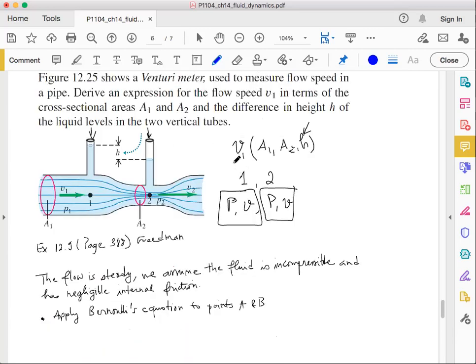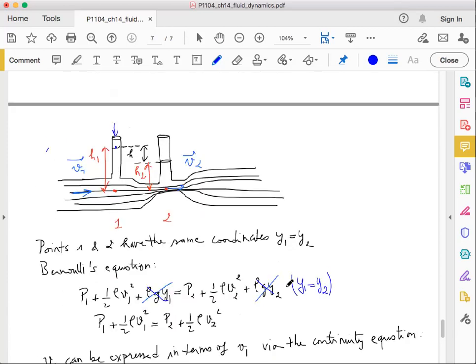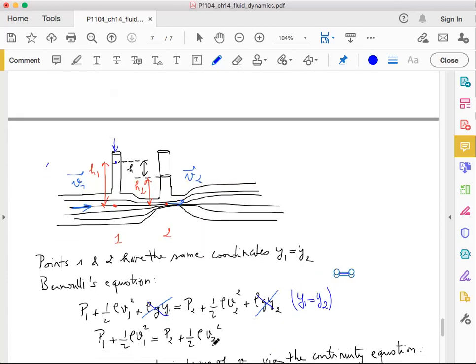Now we are looking for V1. V1 is our unknown, but in this equation we have both V1 and V2. So we have to find a way to write V2 as a function of V1. Don't forget that we can always use the continuity equation, which relates the cross-sectional area to the speed. Applying the continuity equation to points 1 and 2, A1 multiplied by the speed V1 is equal to A2 multiplied by the speed V2.